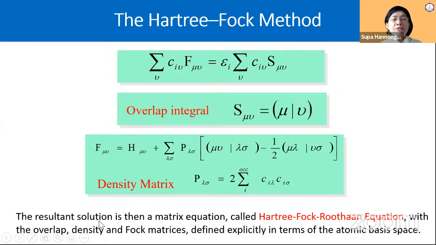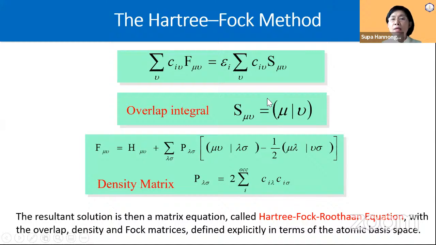So the resultant solution is the matrix equation that we call the Hartree-Fock-Roothaan equation. Hartree products, the Slater determinant, and the Fock operator help in solving the Schrödinger equation, and also the SCF procedure, the central field, and many techniques that I have introduced to you a little bit.